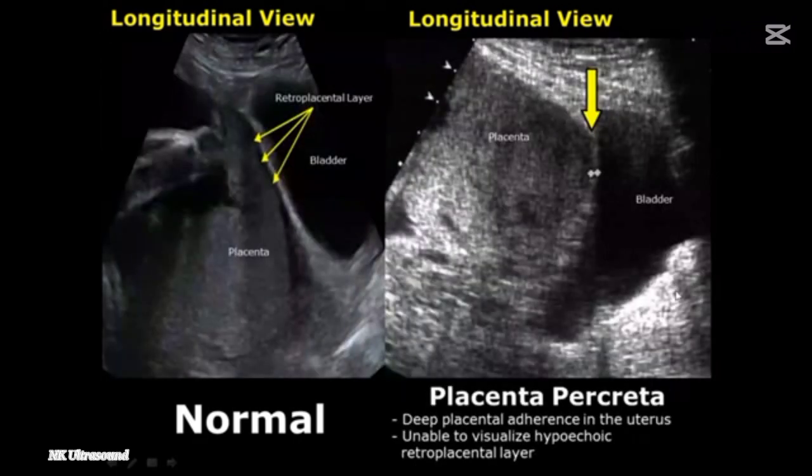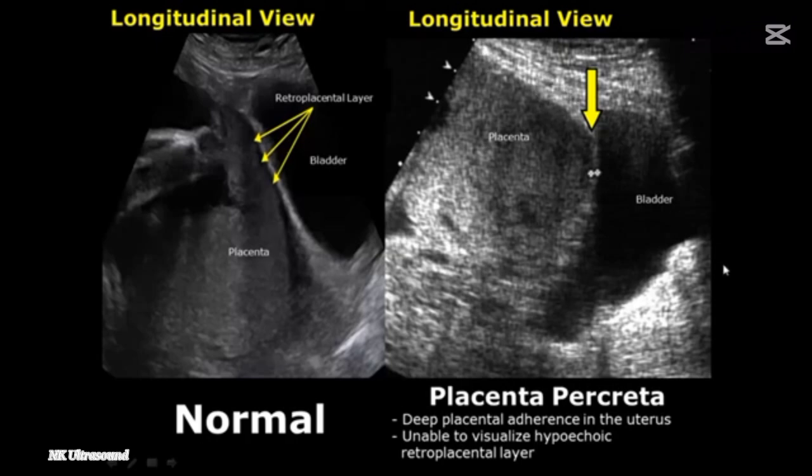Now we move on to placenta accreta. It is the abnormally deep adherence of the placenta in the uterus. It has 3 types based on its severity. The mildest form has the same name, placenta accreta. It is the mildest form in which the placenta adheres deep into the endometrium but does not invade the myometrium.